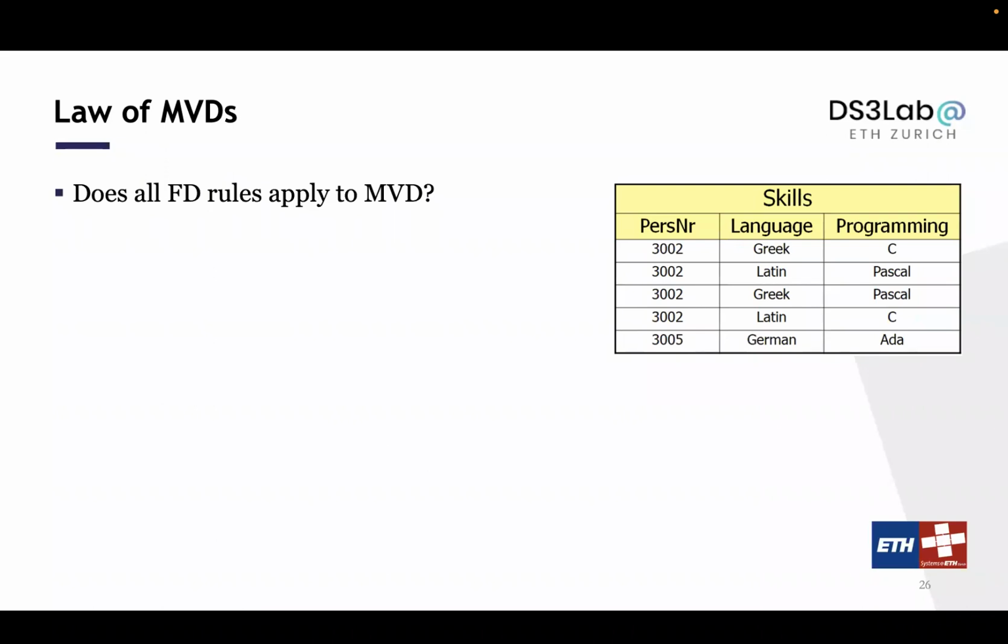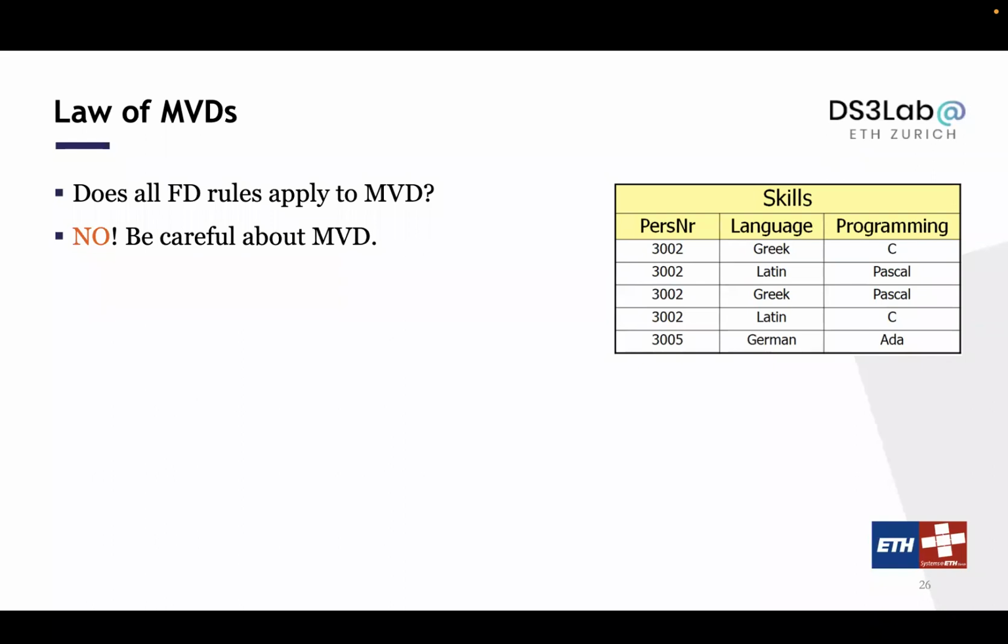And we also talk about a whole bunch of rules that we can apply to functional dependency. When you talk about multivalued dependency, it's very important to keep in mind that not all of the functional dependency rules are going to apply to multivalued dependency. So you need to be careful.